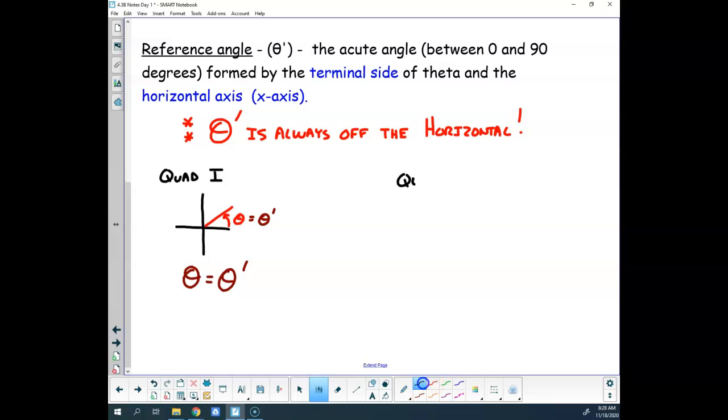In quadrant 2, there's my theta. Here is my theta prime.